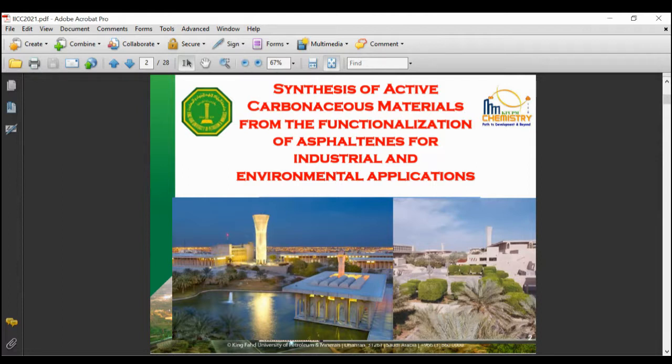But in the last 20 years or so, you might have witnessed the emergence of nanomaterials and carbon-based nanomaterials. We have carbon nanotubes, carbon fibers, carbon as a substrate. Looking at these possibilities, I thought, why not look at asphaltene in this dimension?